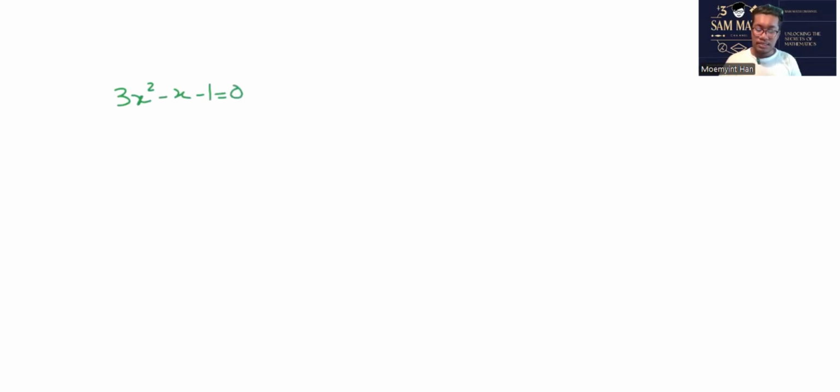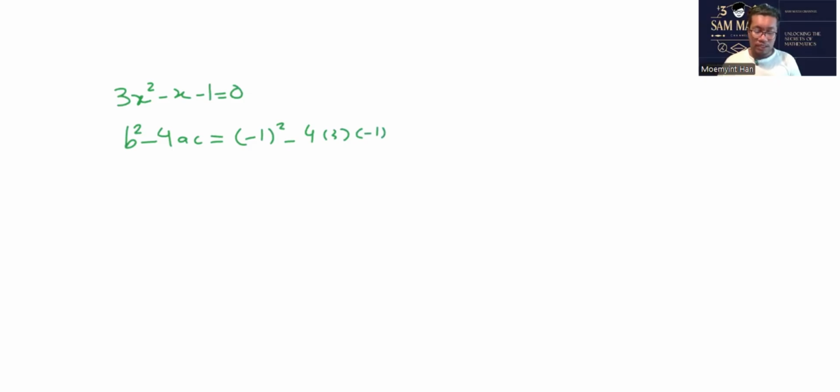It will look something like b is negative 1, the whole squared, minus 4, and then a is 3, and c is negative 1, right?